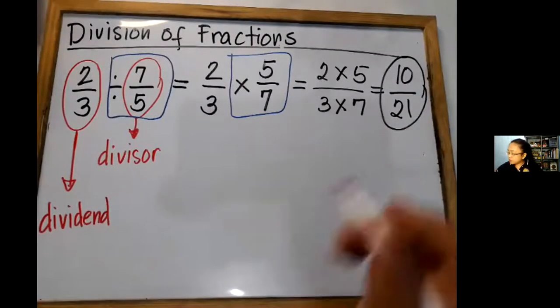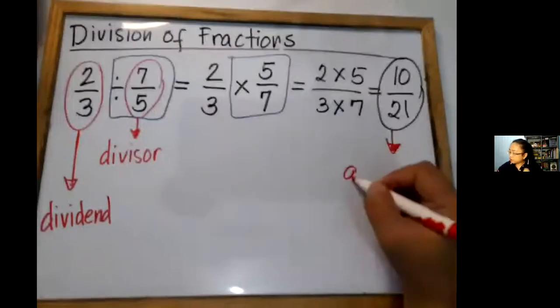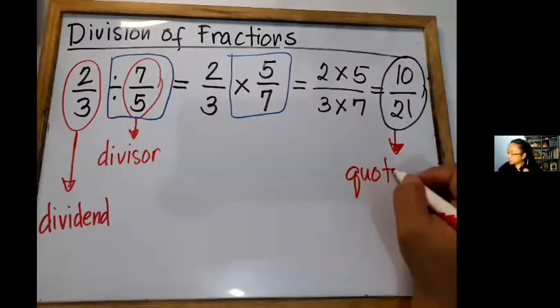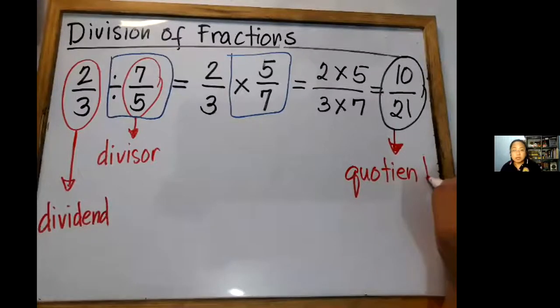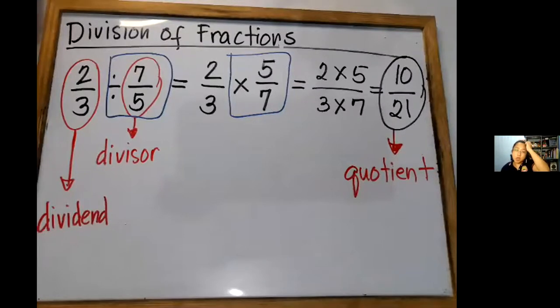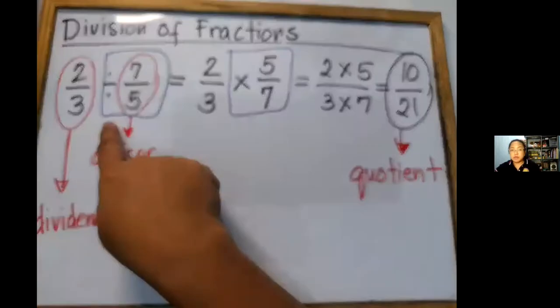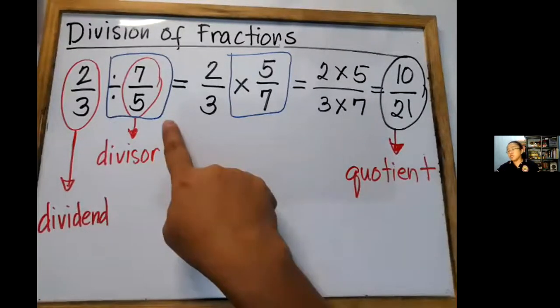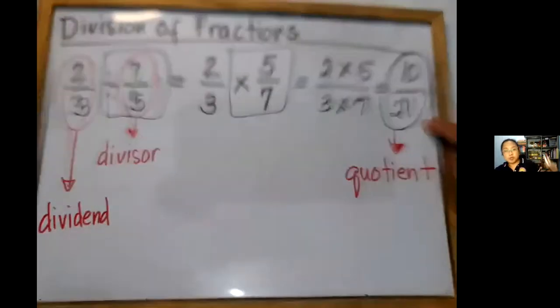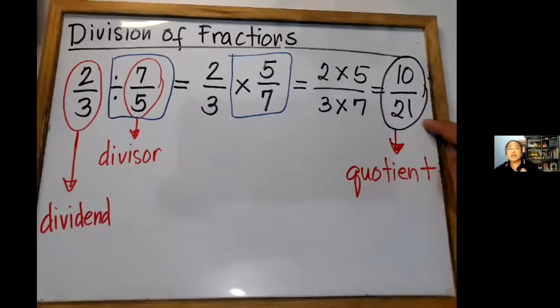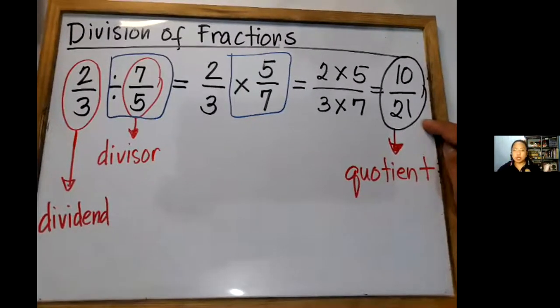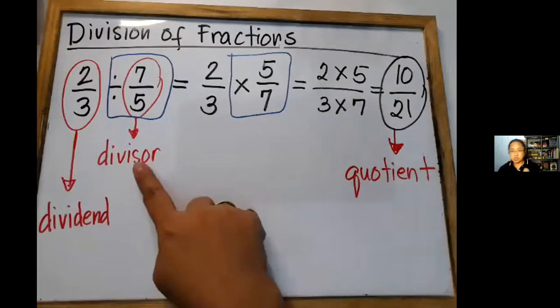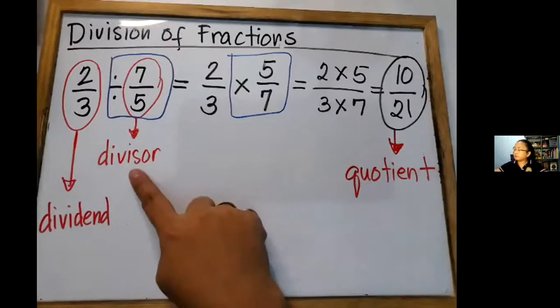Ayan ang tinatawag nating quotient, yung ating sagot pag tayo ay nag-divide. So if you were asked, what is the quotient of 2/3 divided by 7/5? The quotient is 10/21. So paano tayo nag-divide? Nag-multiply tayo. Pero bago tayo nag-multiply, kinuha muna natin yung reciprocal ng divisor.